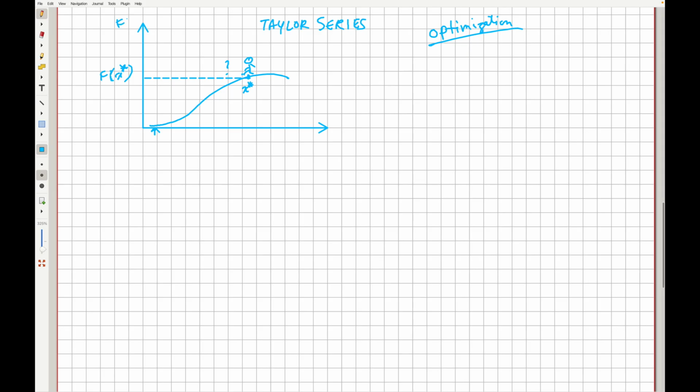So this axis is f of x, so this curve is some function f of x, and we are trying to get down here to the bottom.